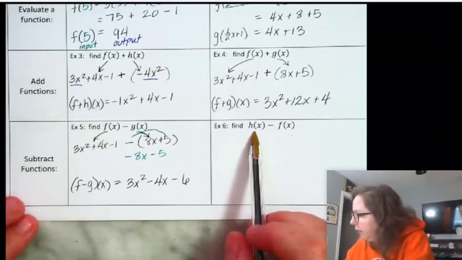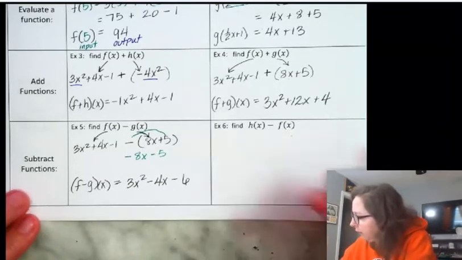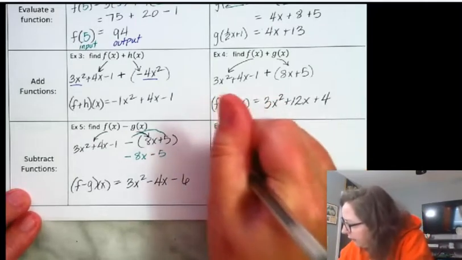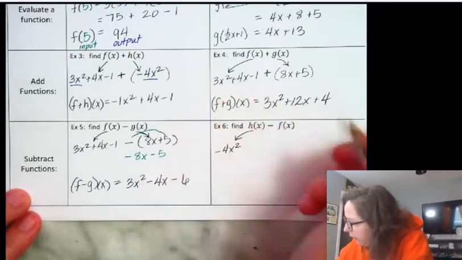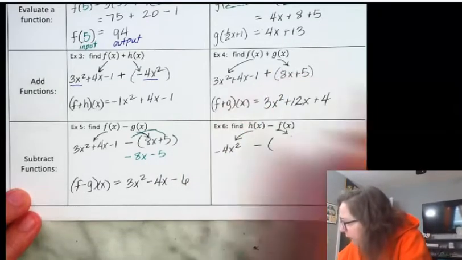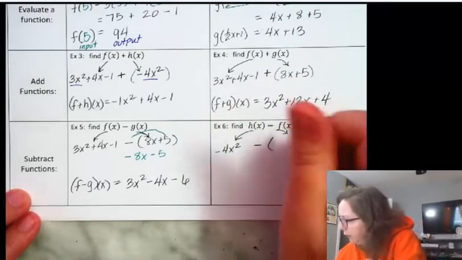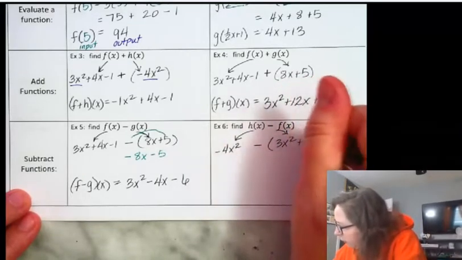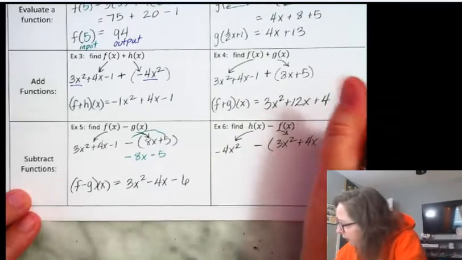Let's do h of x minus f of x. So h of x is negative 4x squared minus this parenthesis, and I'm going to put the f of x in here, 3x squared plus 4x minus 1.